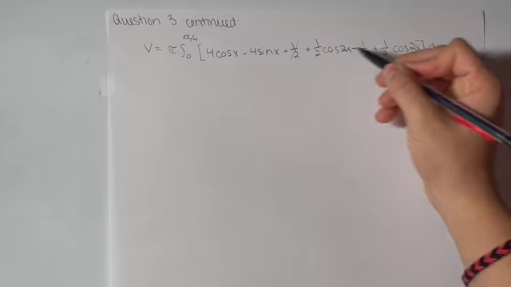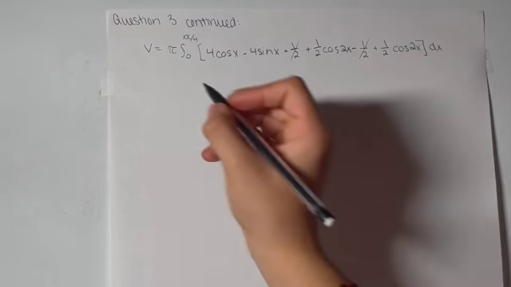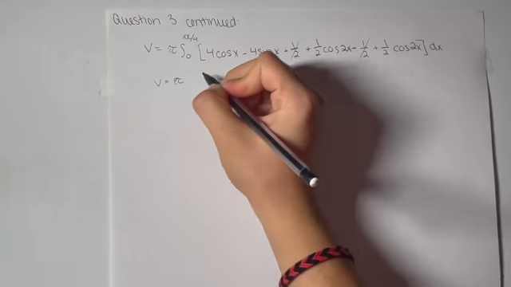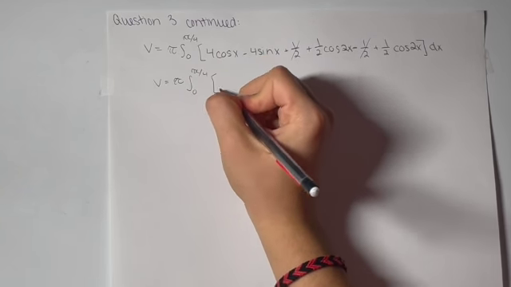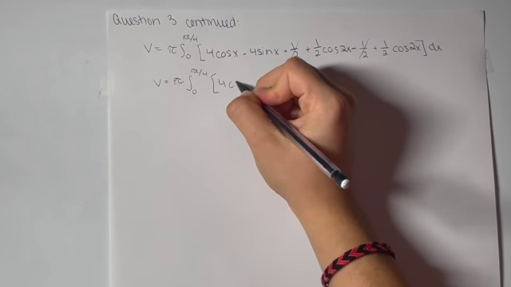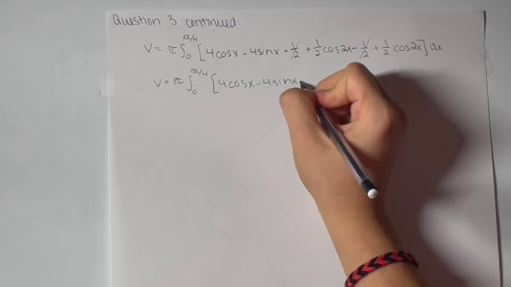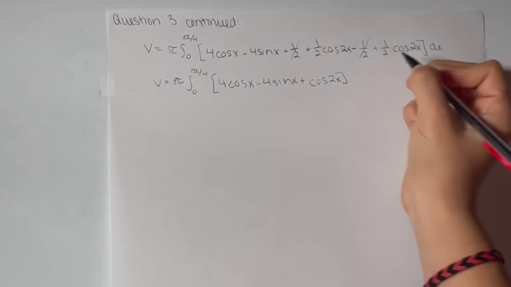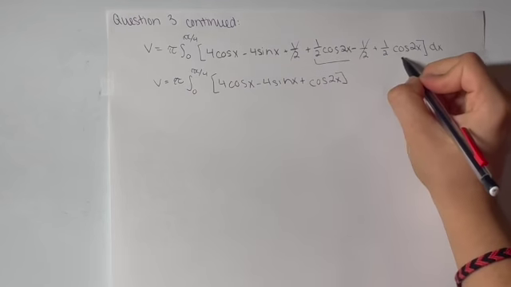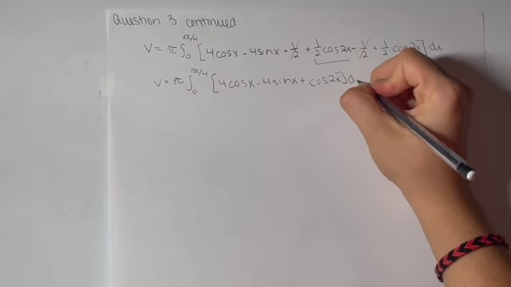Then we can cancel the 1/2s. And we end up getting V is equal to pi integral from 0 to pi over 4 of 4 cosine x minus 4 sine x plus cosine 2x, which we get from combining the 1/2 cosine 2x and the 1/2 cosine 2x, dx.